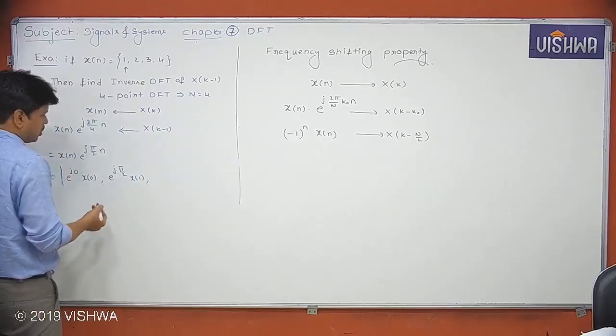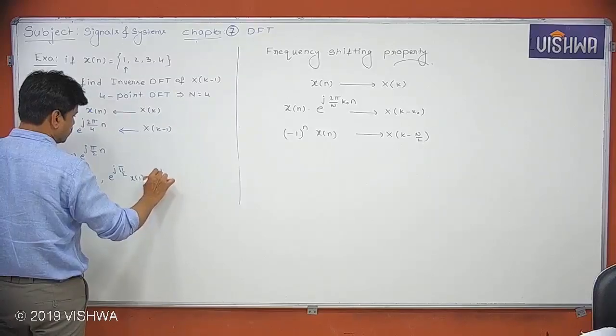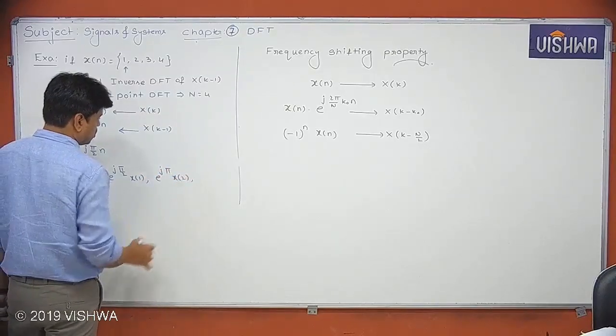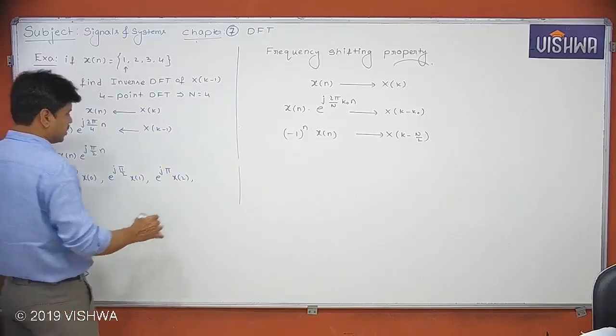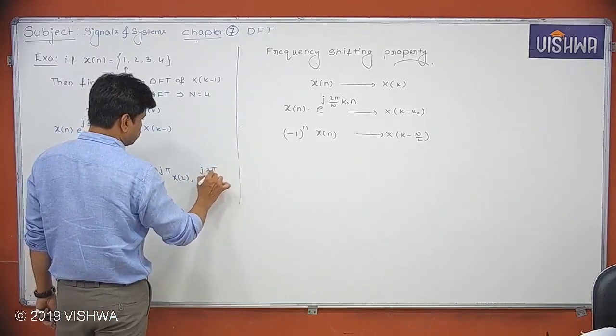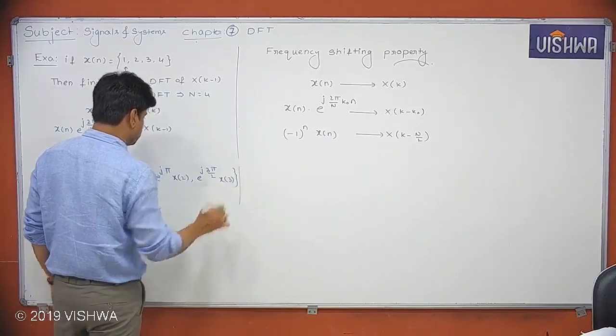If n is equal to 2, then it is going to be e power j pi x of 2. If n is equal to 3, then it is e power j 3 pi by 2 x of 3. So this is what it is.